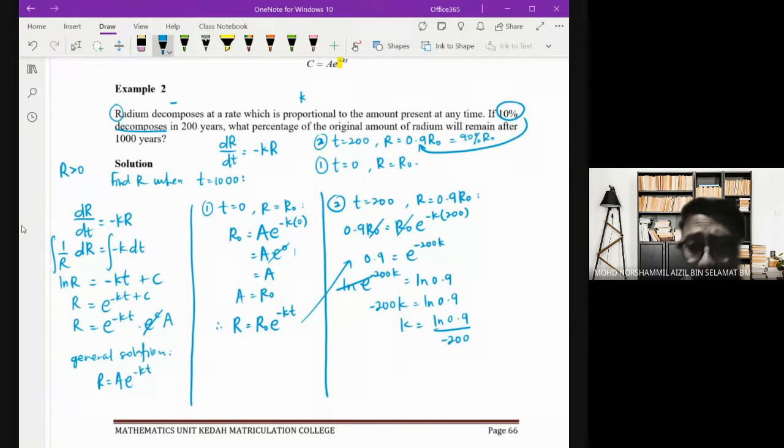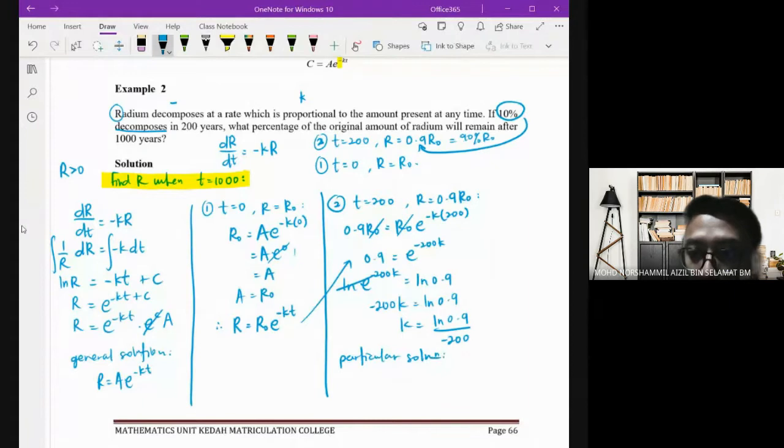This is not the one that we need to obtain yet. Okay, sorry. This is not the one we need to obtain because we have yet to find R when t is 1000. Okay, this is the main question. But we do need to go through this process to get the constants one by one. So now we get the particular solution.